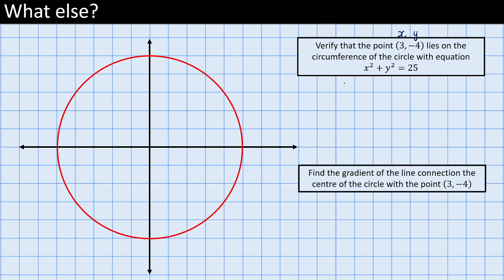Okay, so we've got 3 squared is my x value. Now, -4 squared, I would stick in brackets, especially if you're on a calculator paper. Okay, and we are checking to see if this equals 25. Now, I am going to just explain why you should look to put those things in brackets. Now, calculators are pretty smart.